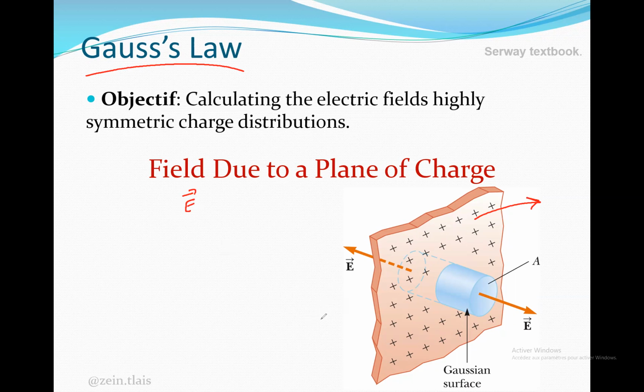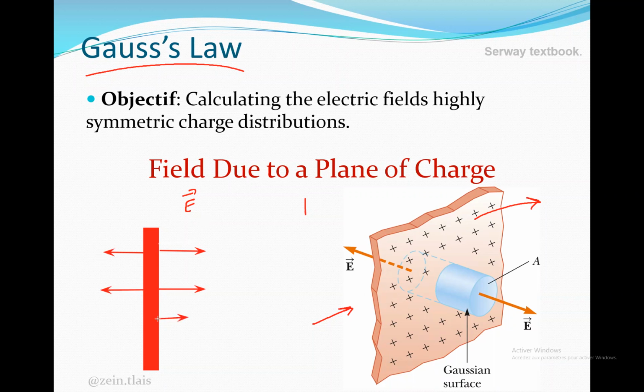If you look at the object from the lateral view, you can see the plane like this, which is positively charged, and the emission must be to the right and to the left.